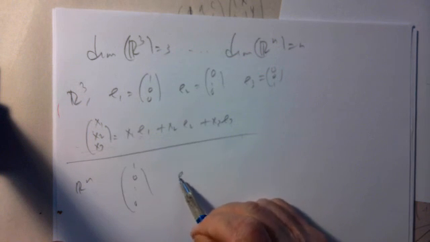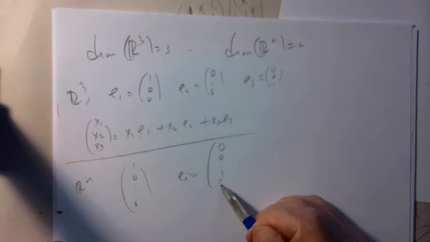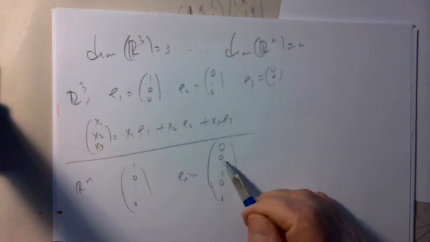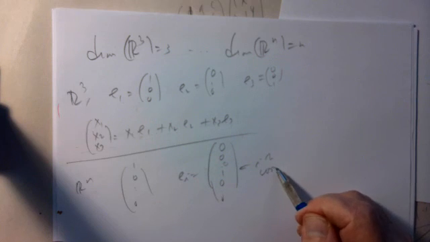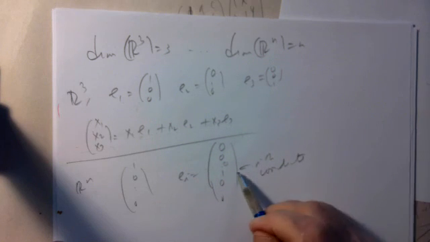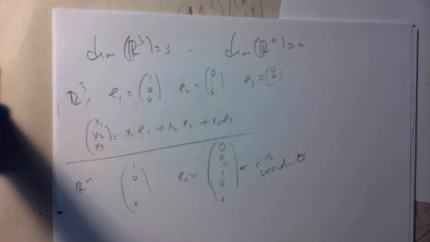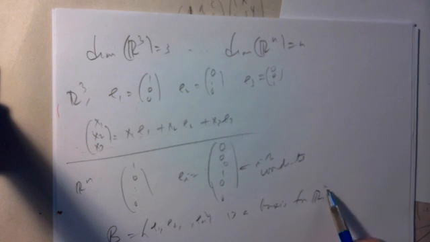In general, for Rn, you take the vector e sub i, which has all 0 coordinates, except a 1 in the ith place. The ith coordinate is 1, and all the other coordinates are 0. And the set consisting of e1, e2, up to en is a basis for Rn.